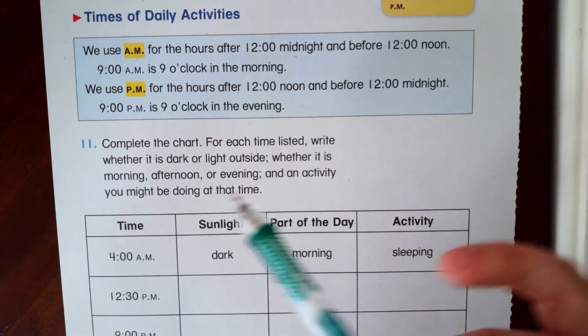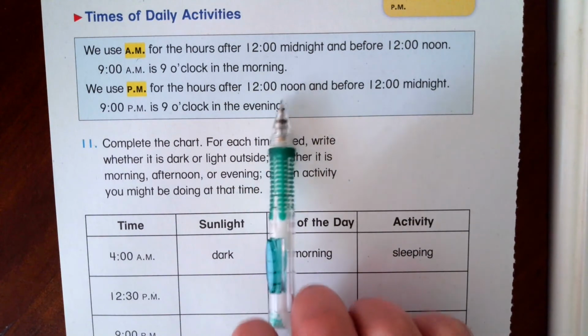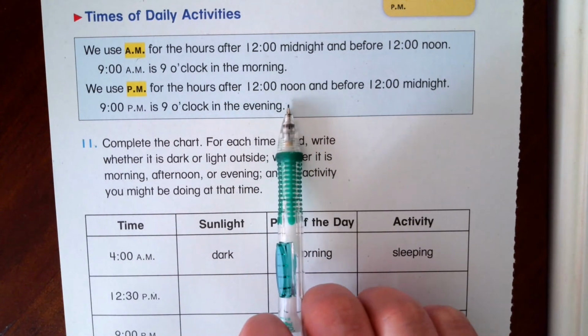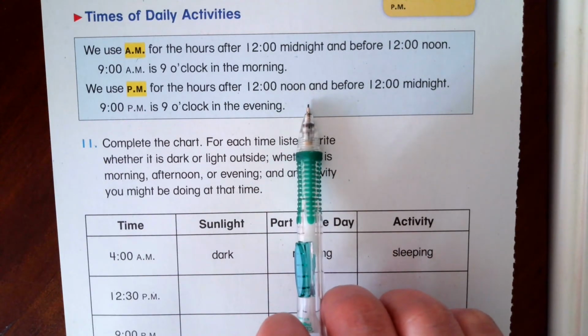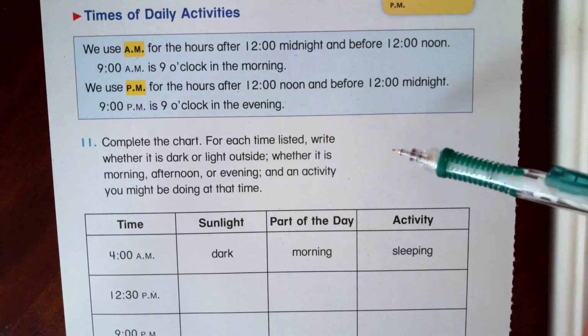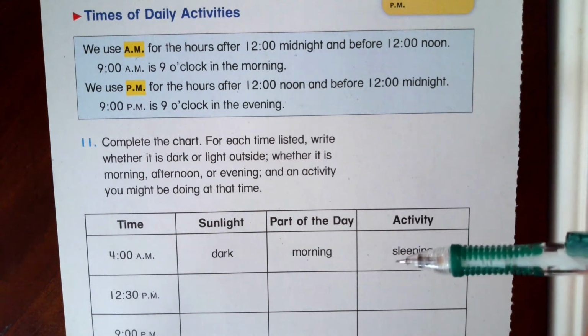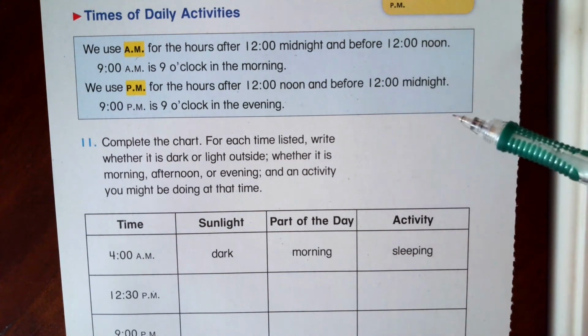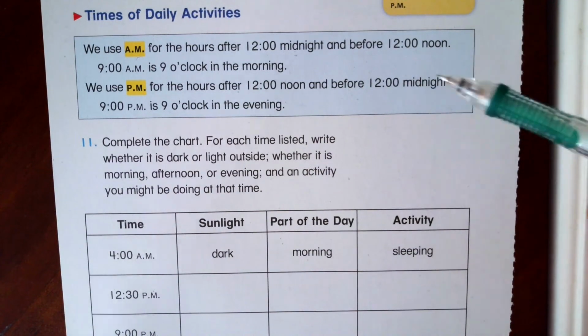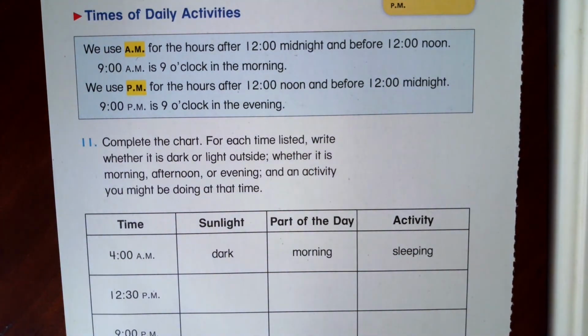Let's talk. 12 noon, so like lunchtime. Then you keep doing school. School ends. Then maybe you go outside and you play. Then it's dinner time. And then you have to go to bed. And all of this is happening in the PM. And then once it gets to 12 midnight, it switches back to AM.